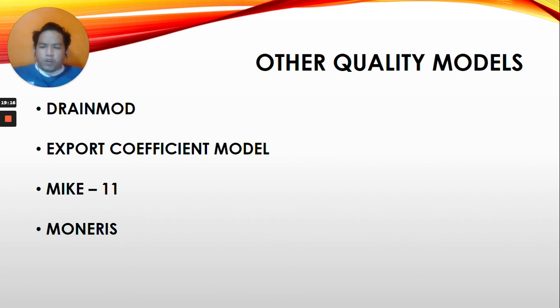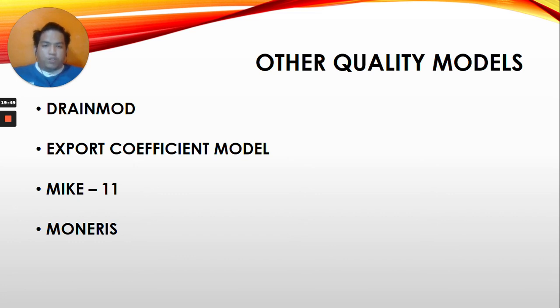Next is the export coefficient model, or the ECM. The approach of ECM aims to predict the nutrient loading at any surface water sampling site as a function of the export of nutrients from each contamination source and the catchment above that site. So this deals mostly with the nutrients.